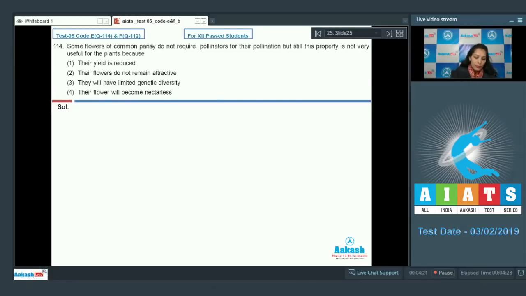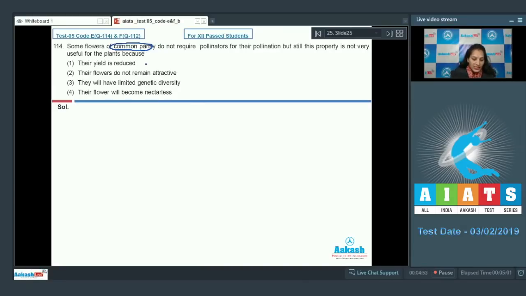The flowers of common pansy do not require pollinators because these flowers are clistogamous. Clistogamous flowers do not open, they never expose their sex organs. Hence, only self-pollination takes place in these flowers. Due to occurrence of self-pollination, they have limited genetic diversity. There will be no variations in these flowers.